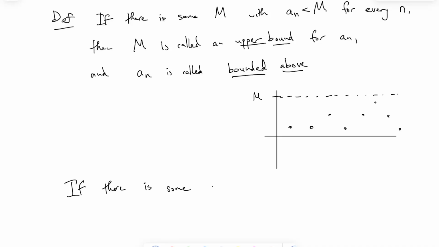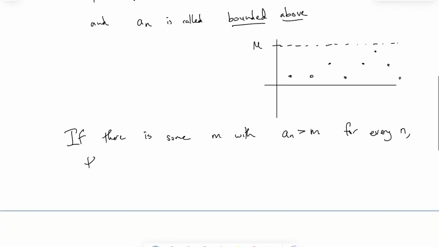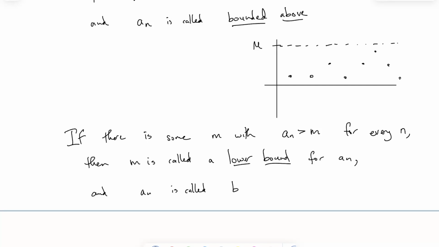If there is some little m with a_n greater than little m for every n, then the little m is called a lower bound for the sequence a_n, and we say a_n is called bounded below.